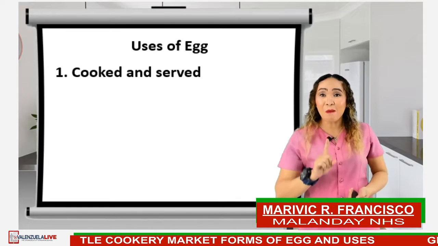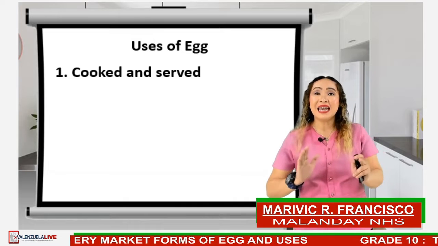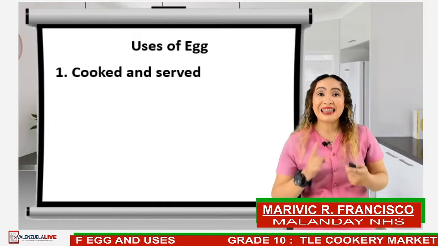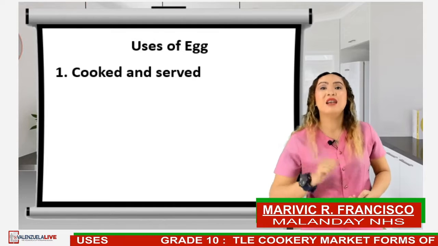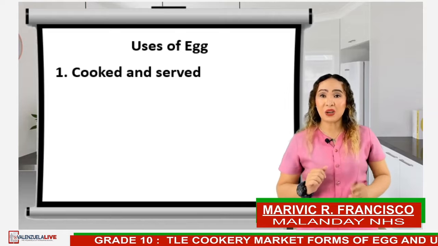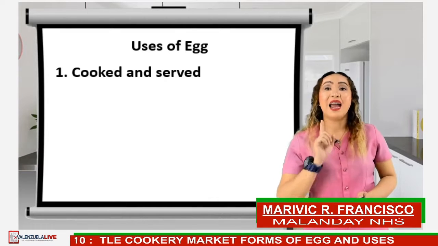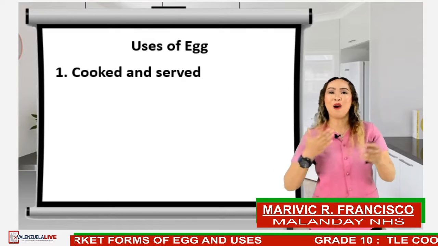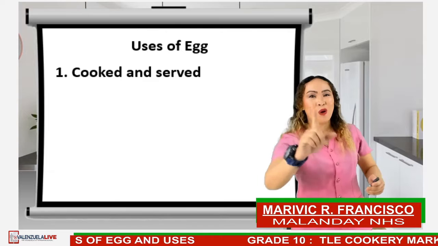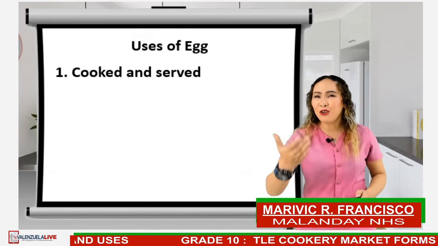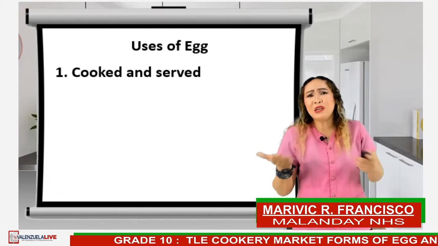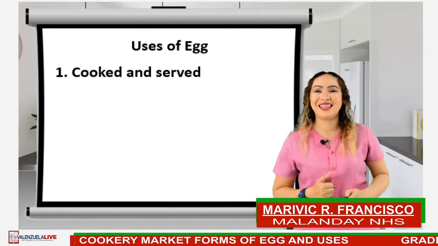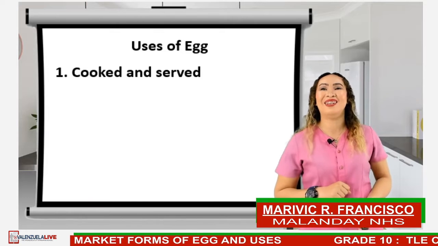An egg can help us bind ingredients, give volume to batter, emulsify liquids, thicken a sauce, provide flavor, clarify a liquid, and even add a nice color or glaze to certain dishes. As you go on with the activities, try to explore and give your own ideas and observations about how eggs help us in culinary arts. I know you can do it, my dear learners.